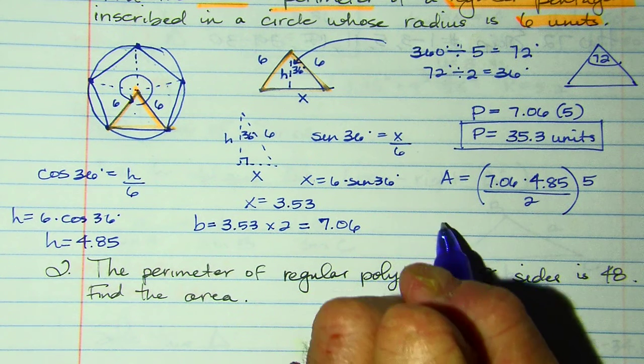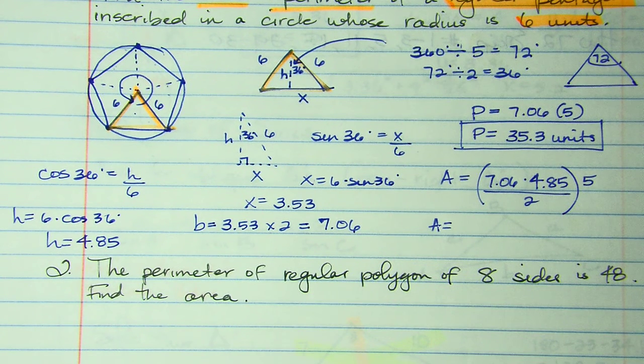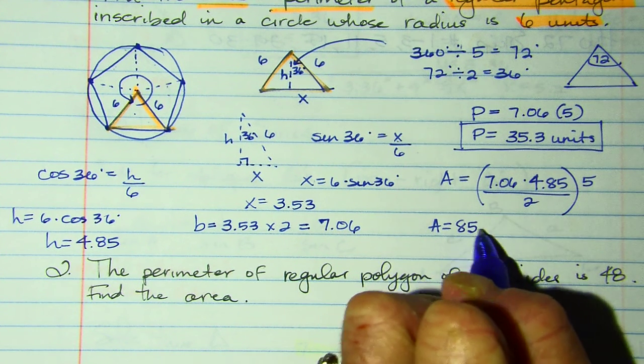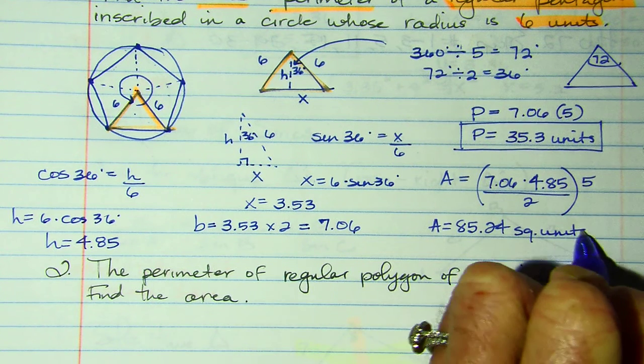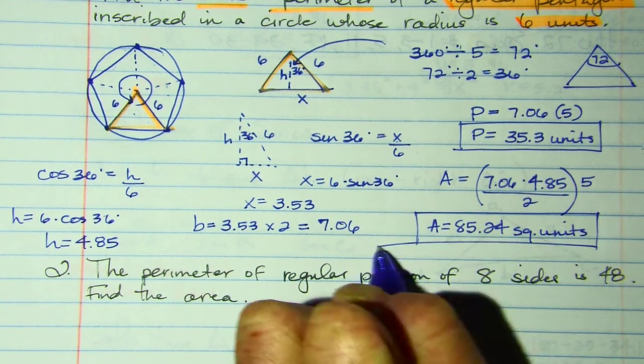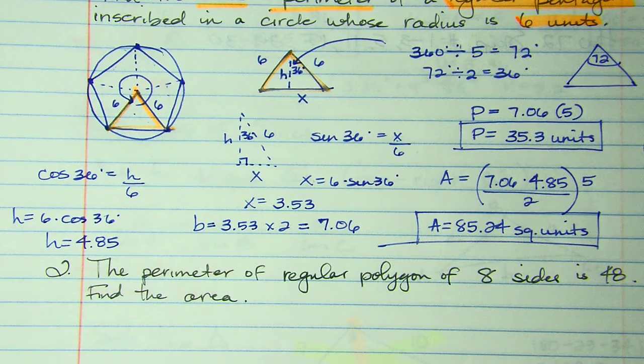So my area is 4.85 times 7.03 divided by 2 times 5. My area is 85.24 square units. Whew, that's a lot of work.